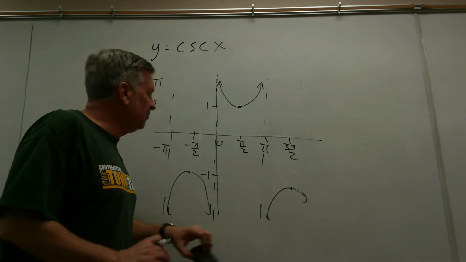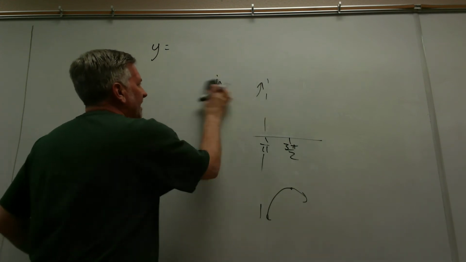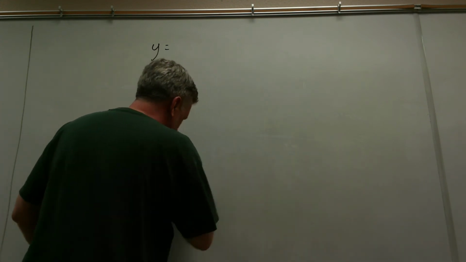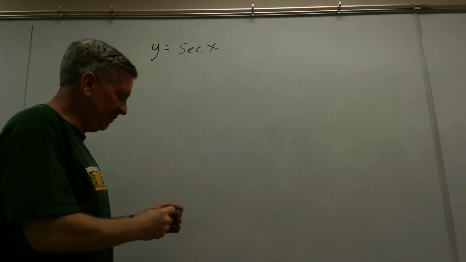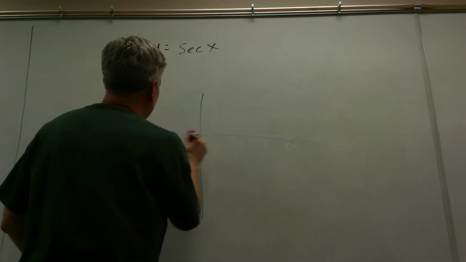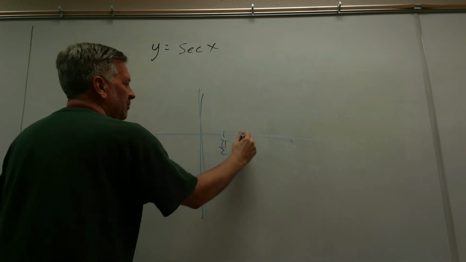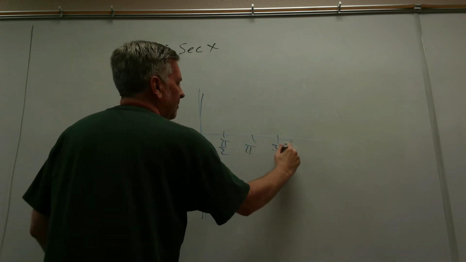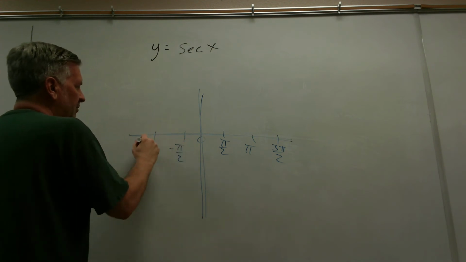Okay, so now let's do the same thing for the secant graph. I don't think the answer is going to surprise you here. So y is secant x. I'm going to start by constructing the cosine graph, because cosine and secant are reciprocals. So pi over 2, pi, 3 pi over 2, 0, minus pi over 2, minus pi.